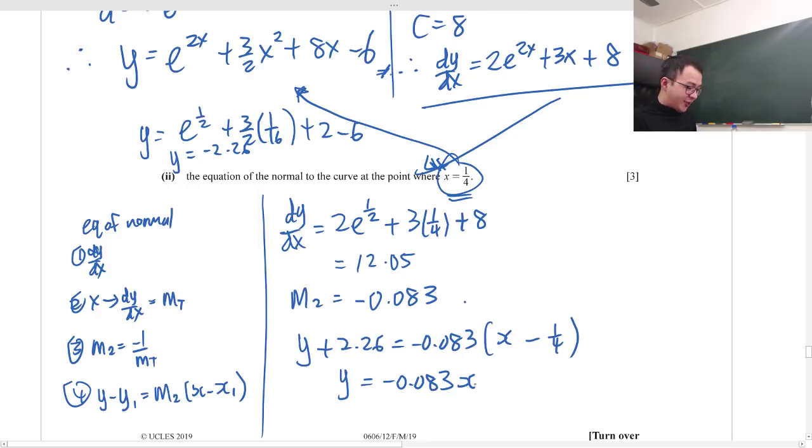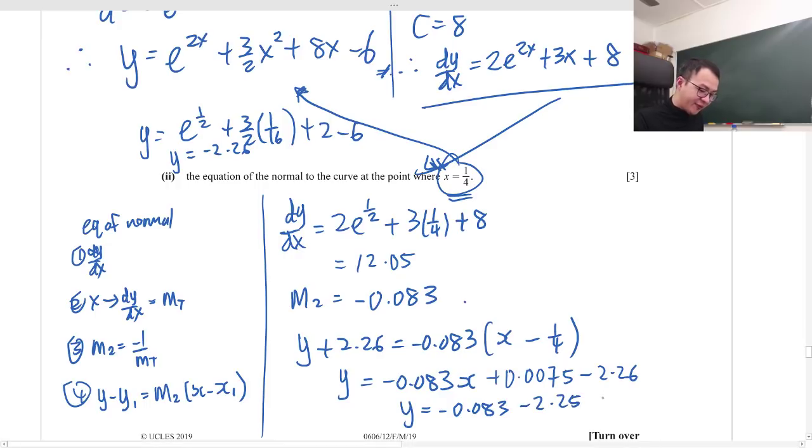Yup, it's very weird here. Plus 0.0075 minus 2.26. Then I get my final equation here. Minus 2.25.